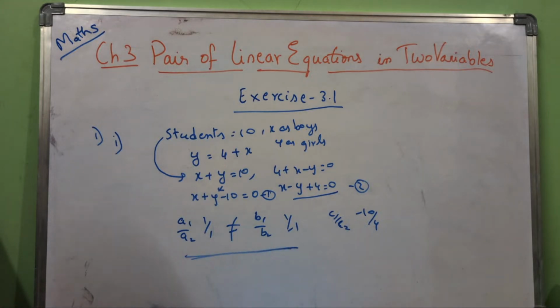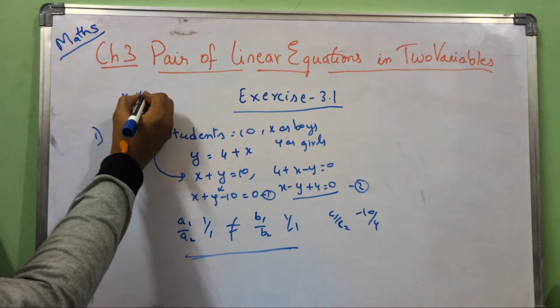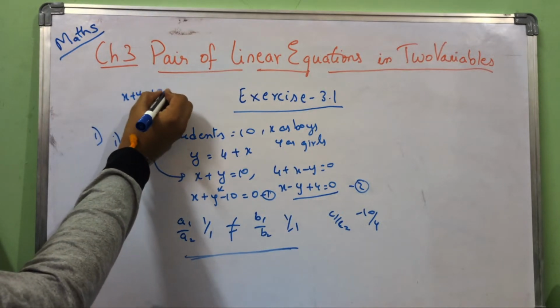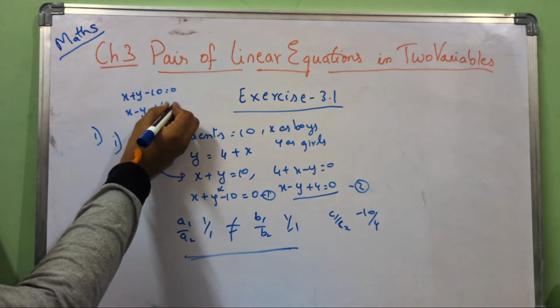Let's solve now graphically. We have two equations: x plus y minus 10 equal to 0, and x minus y plus 4 equal to 0.